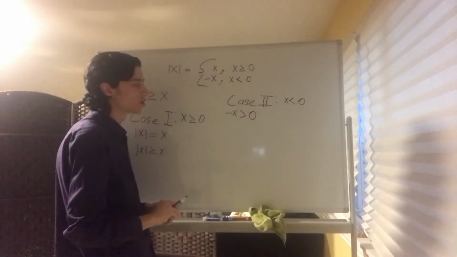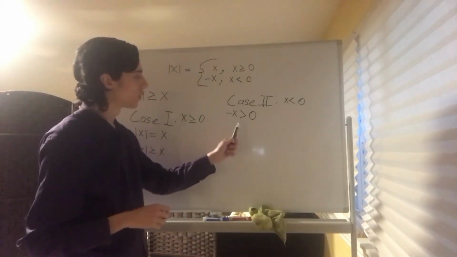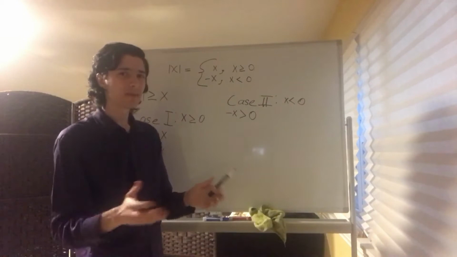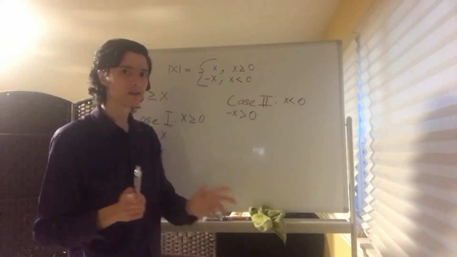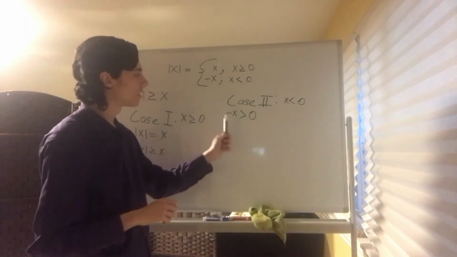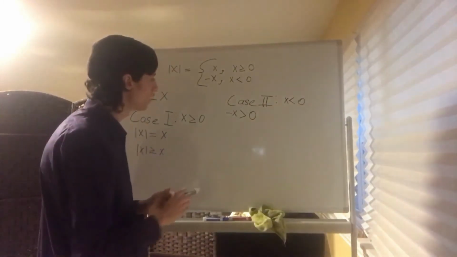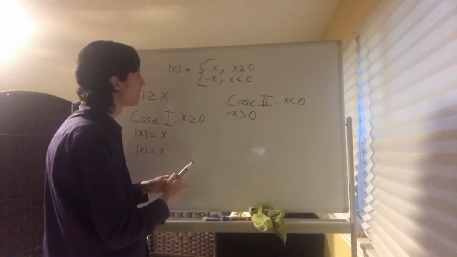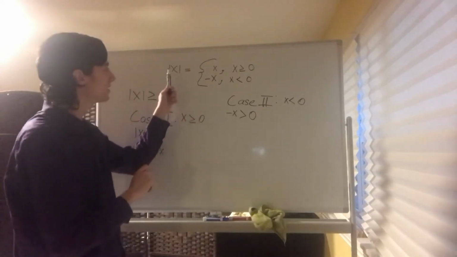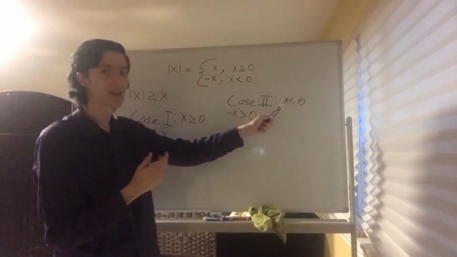Right? And a good rule to remember is, if you multiply by -1, then you flip the inequality. But another way to think about it is, if x is a negative number and you multiply it by -1, then you get a positive number. So there we go. Negative x is greater than 0. And absolute value of x is equal to negative x, right? Because we've chosen this case where x is negative.